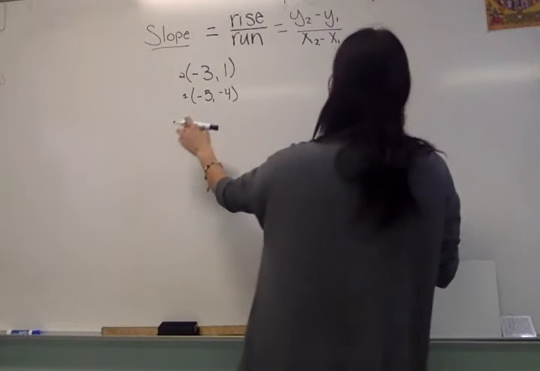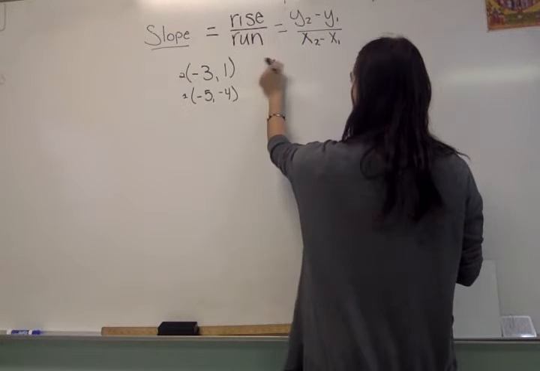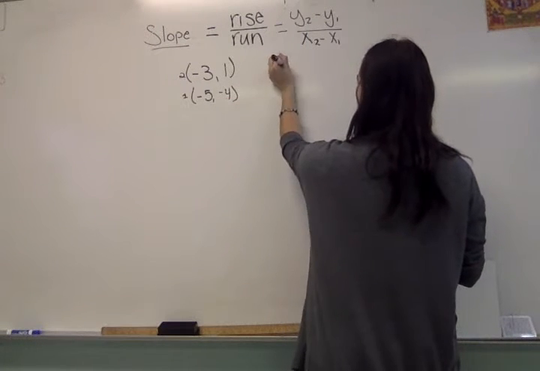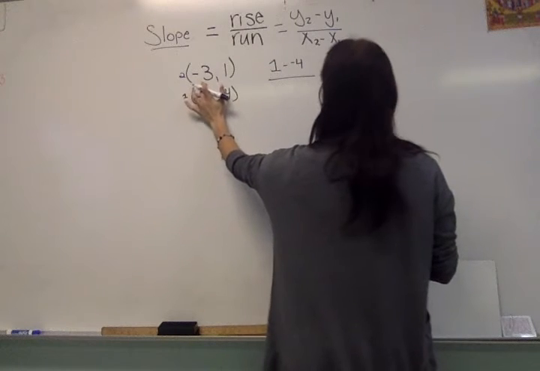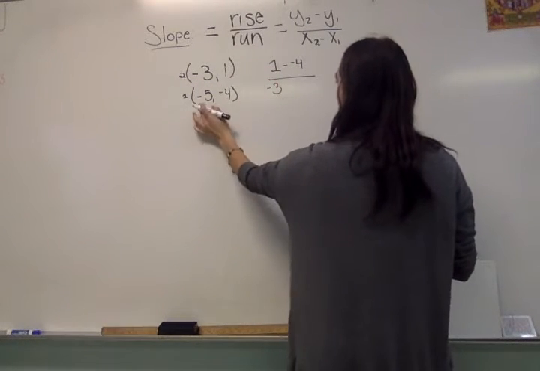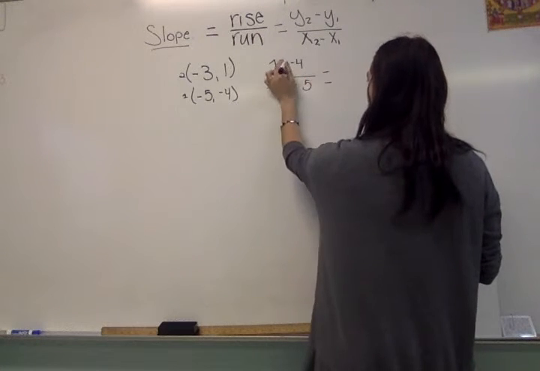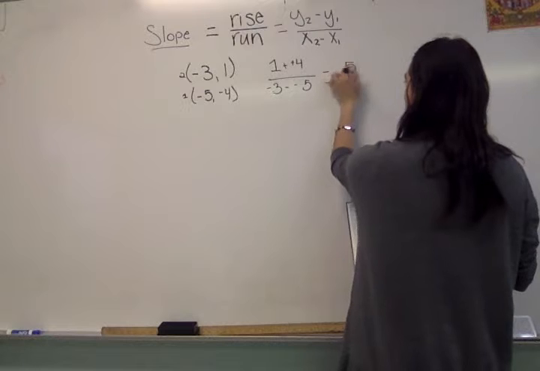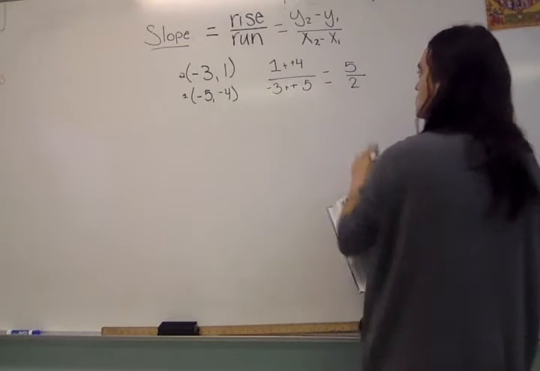So I'm going to take my y2, which is 1, minus my y1, so minus a negative 4, over my x2, which is negative 3, minus my x1, which is minus a negative 5. Plus a positive gives me 5, plus a positive gives me 2.